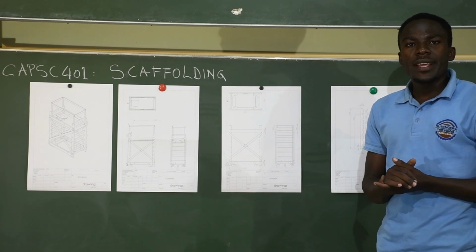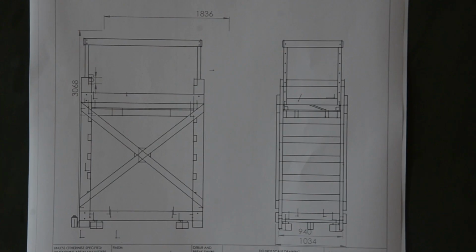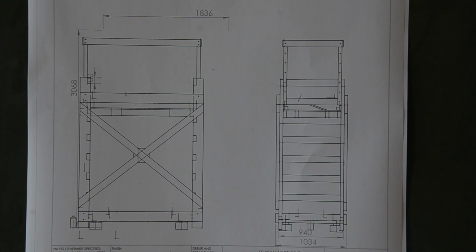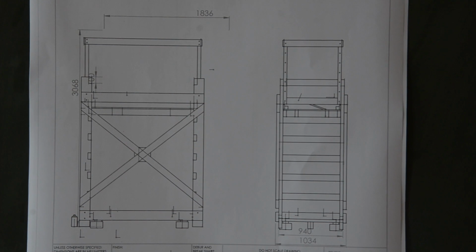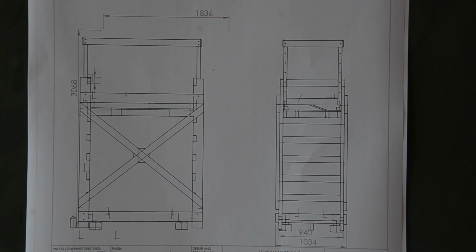The next drawing will give us an idea of the dimensions of the main tower. Then we need the construction dimensions, meaning the tower that we will be producing.